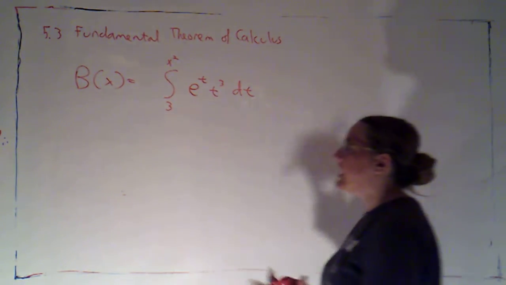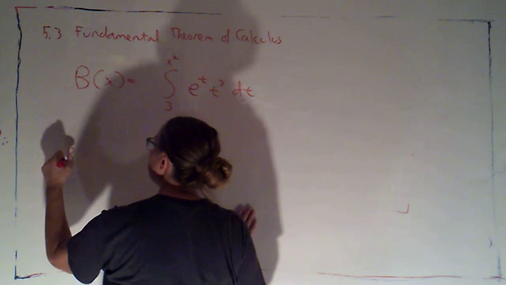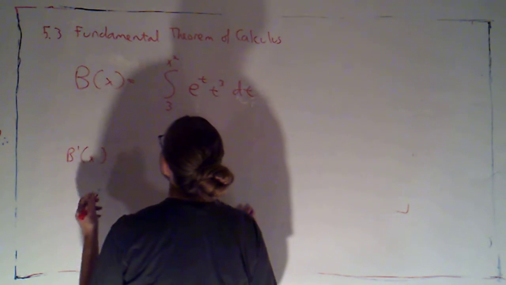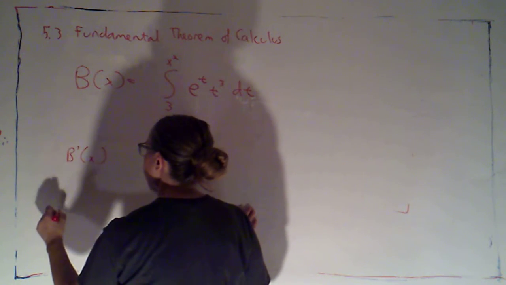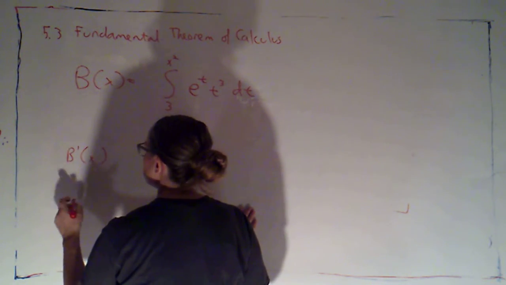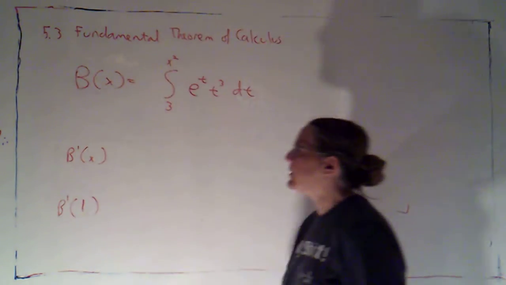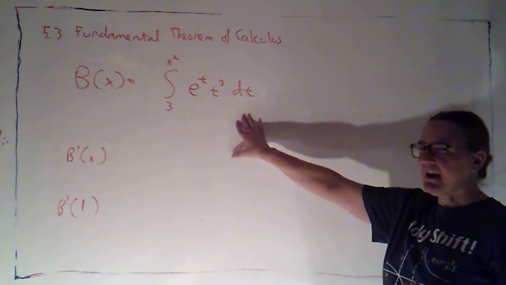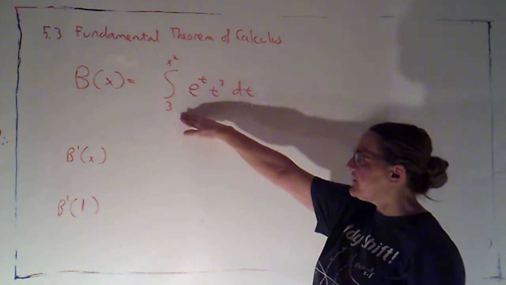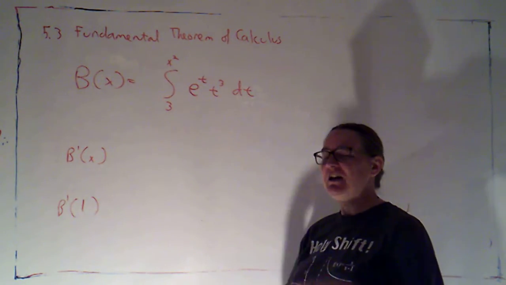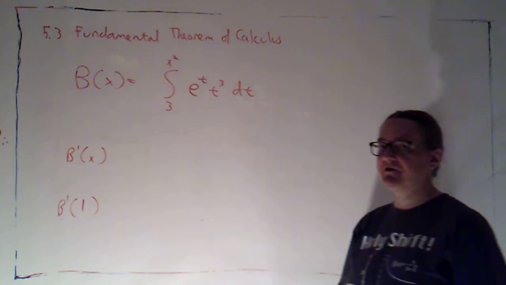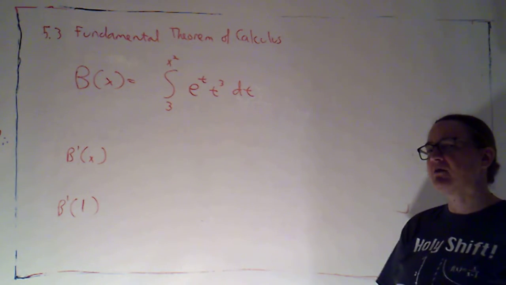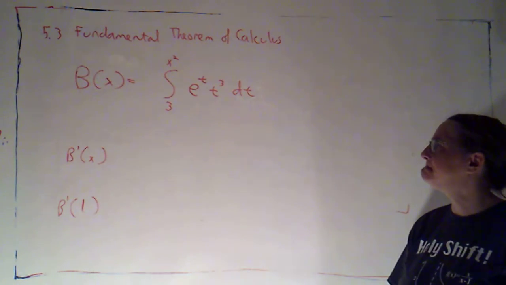Okay, and I would like you to find a formula for b prime of x, and then evaluate that at 1. Okay, pause the video, see if you can figure it out. Again, this isn't a perfect match to an area function, but it's related to an area function. So see if you can figure that out, then tune back in.